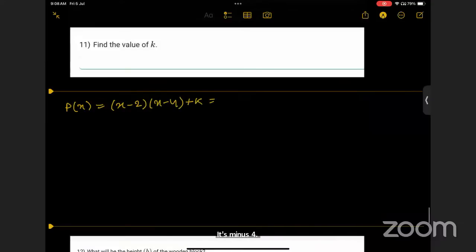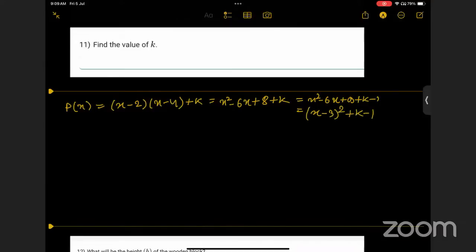I can simplify this equation, right? x squared minus 6x plus 8 plus k. Then we can write this equation.